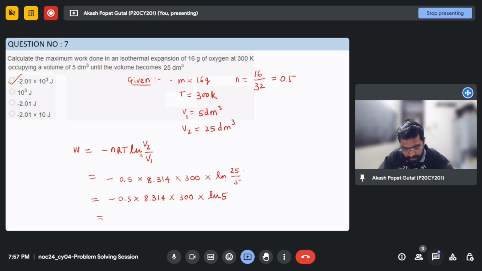You can logically understand when the expansion is happening, which means your system is doing work, then the system is using its own energy, which means the energy going out as work must be a negative value. So like that we must understand, and we must take care of the signs in the answer.